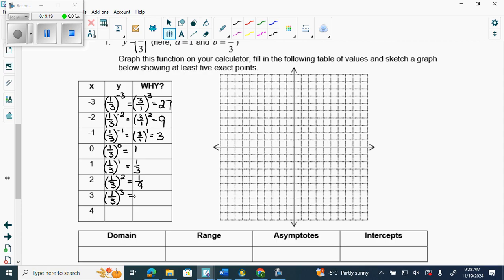We get 1 cubed over 3 cubed, which is 1/27. And then 1/3 to the 4 is super small, 1/81. It's just going to keep getting smaller and smaller. Will it ever get to 0? No, because we're going to have a what there? Horizontal.